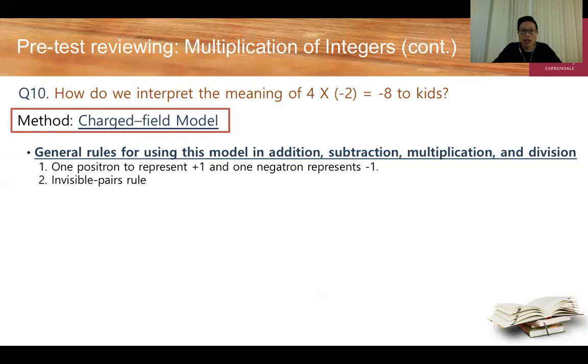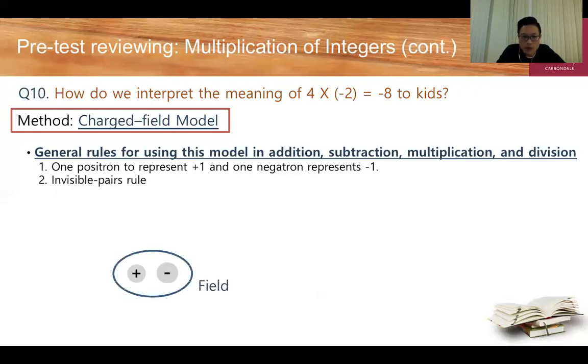On this page, I show the general rule for all the algorithms. And on the next page, I will show a specific rule for multiplication only. So the general rule: one positron represents +1, and one neutron represents -1, right?